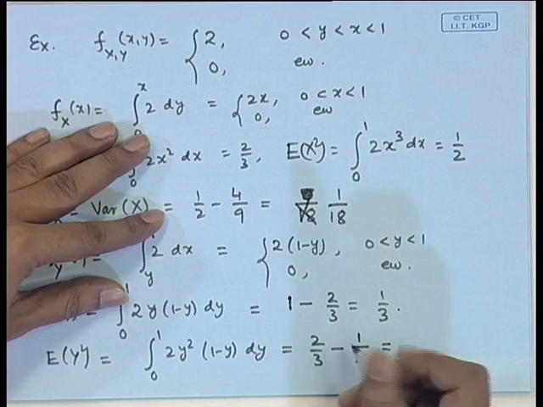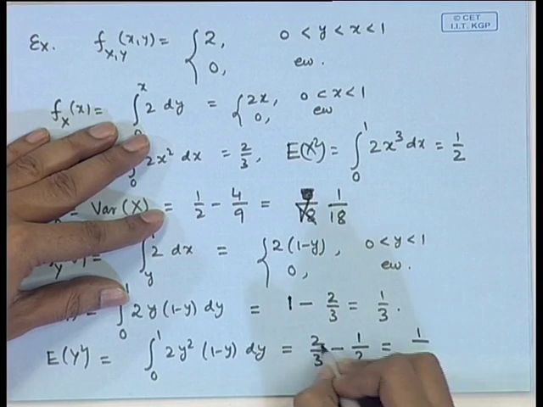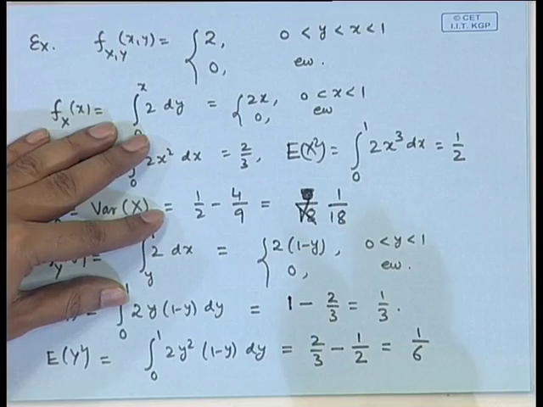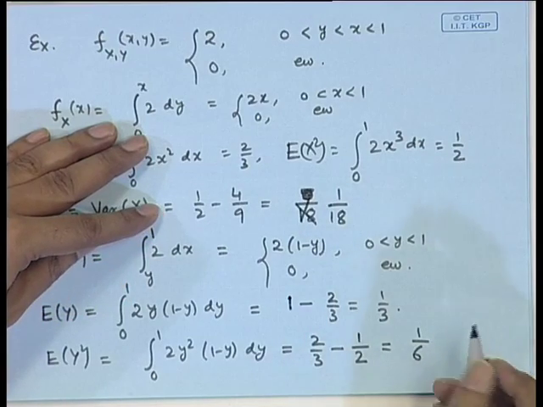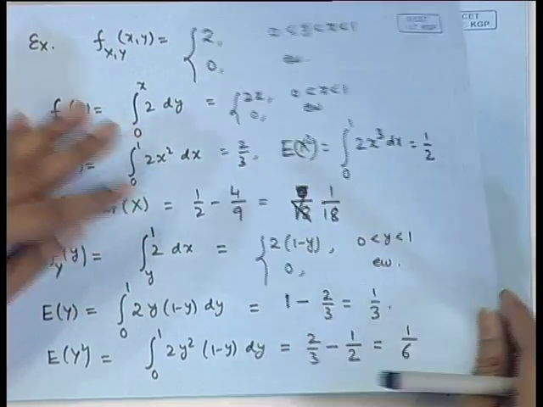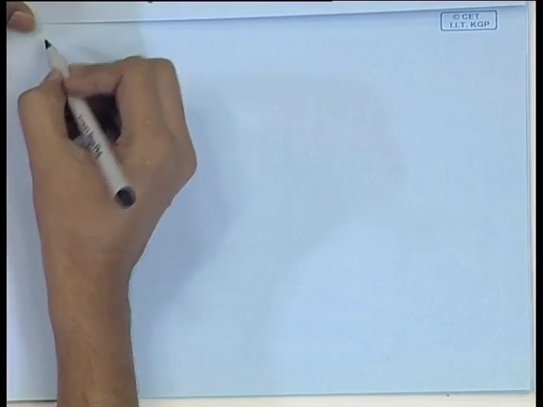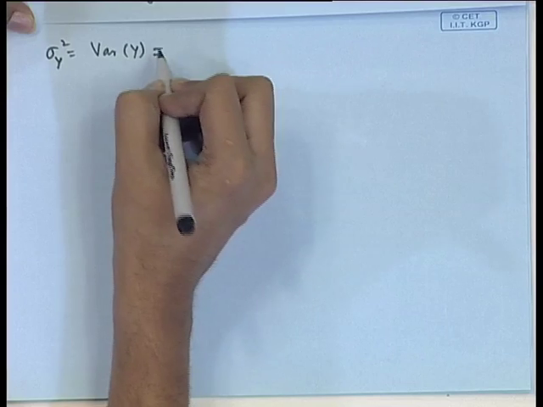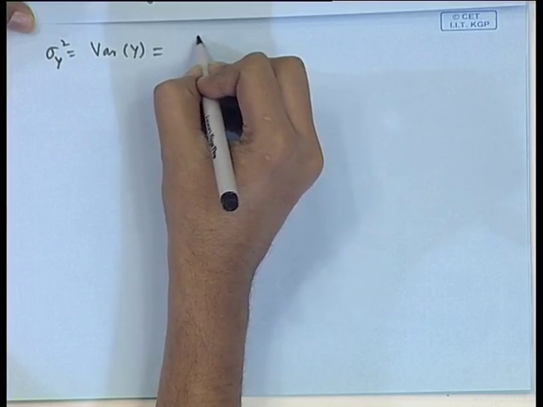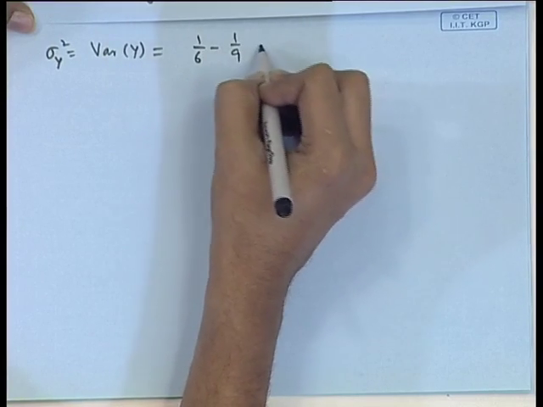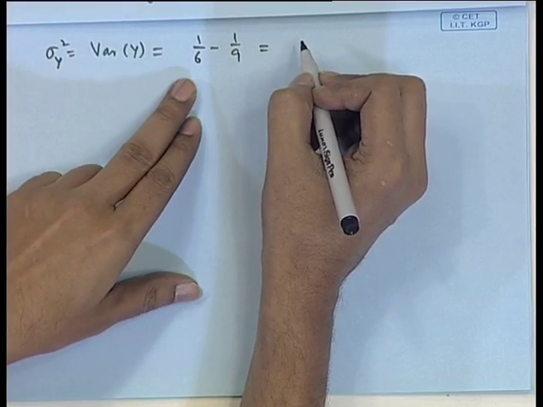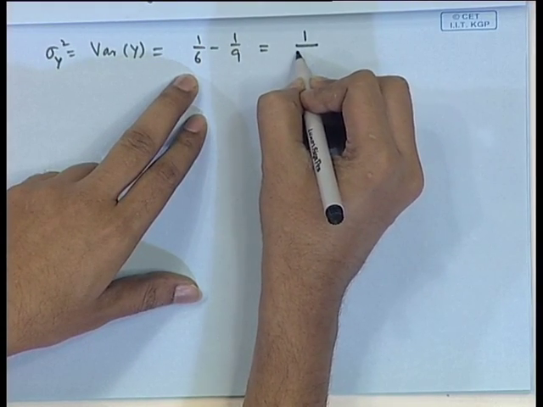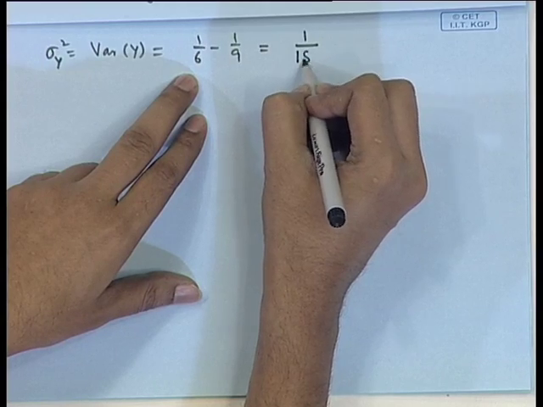So, it is equal to 4 minus 3 by 6, that is 1 by 6. So, we can calculate the variance of y, that is equal to 1 by 6 minus 1 by 9, that is equal to 1 by 18.